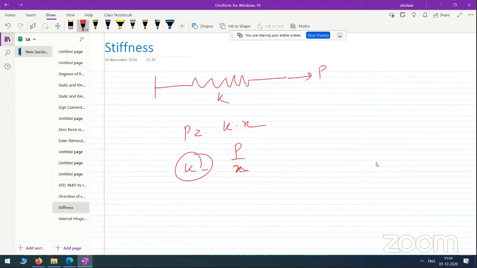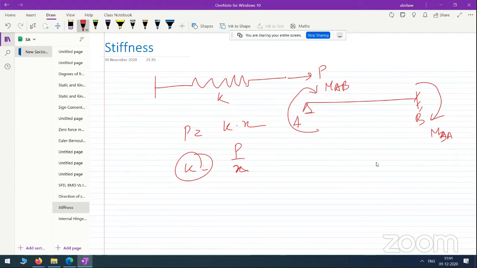So for which load are you talking about, and which displacement are you talking about? Just as an example, take a propped cantilever beam, where this is A and this is B. If we give some moment, say MAB, this will generate a fixed end moment like this, which will be MBA.